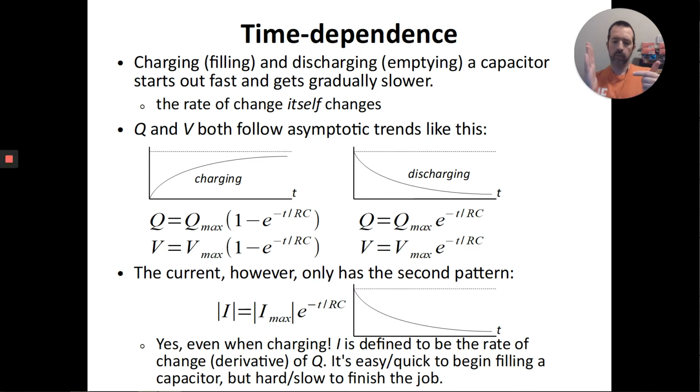So as this plate gets more and more positive, it's going to get harder and harder for a positive current to flow at it because there's going to be a repulsive force there. So the process slows down. It gets harder and harder. It asymptotes towards some maximum value. So I have this dashed line here indicating the maximum.